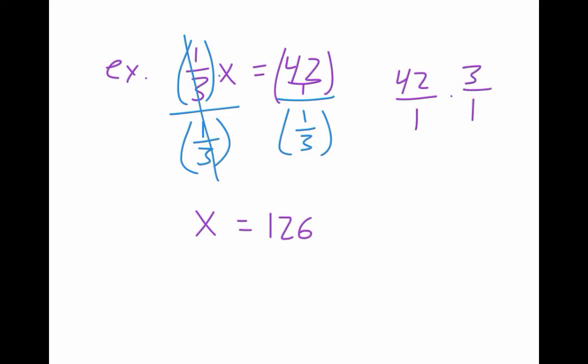Remember, you multiply by the reciprocal of the denominator. So that's how I got my 42 times 3, and that answer has to be divided by 1 times 1. So just divide it by 1. Good? So if you had like a 2/3 x, then you would just divide both sides by 2/3, right? So then that's the same as multiplying your number by 3 over 2.